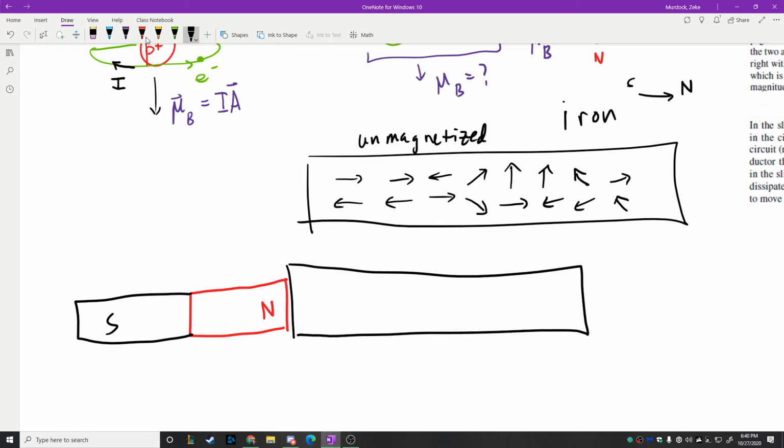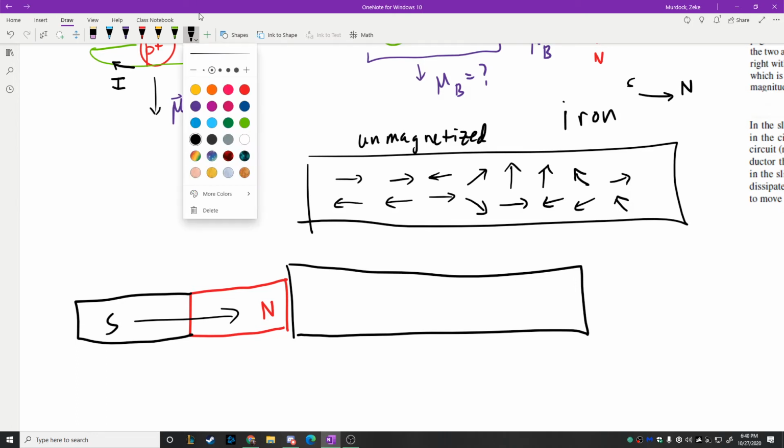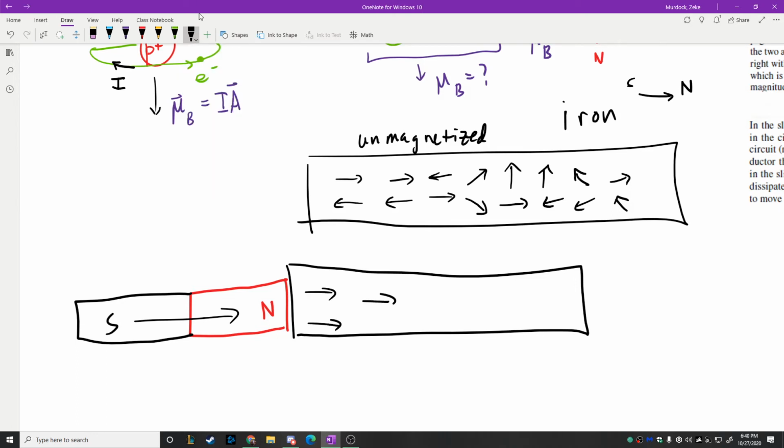All those electrons inside are going to tend to want to respond. By having a magnetic field that points this way that's applied externally, on the inside, a lot of these things are going to start to line up. And what that's going to do is make this the north end of the bar and this the south end. Then all of a sudden you can pick up little paper clips and stuff with this. They'll be attracted. Or little nails and stuff like that will be attracted.